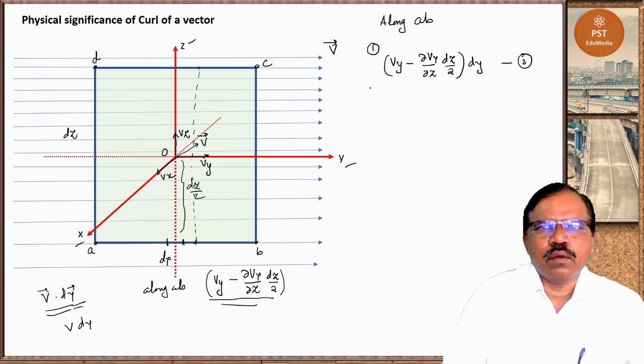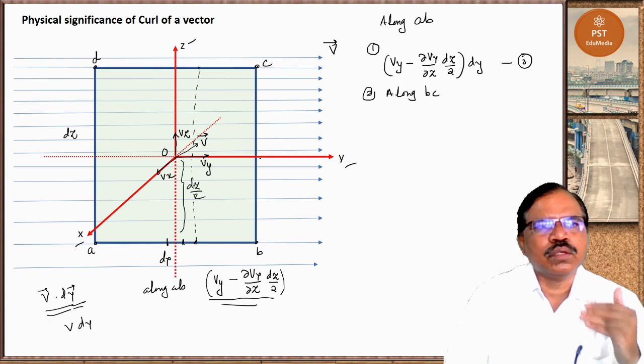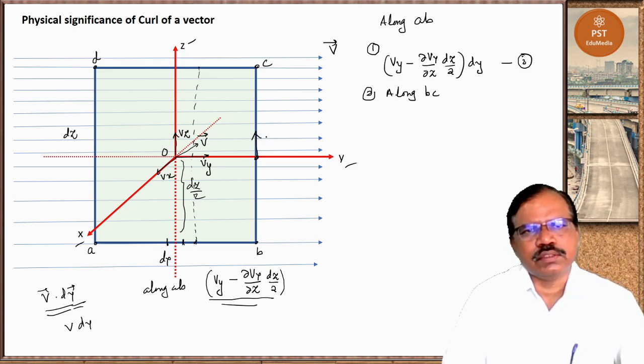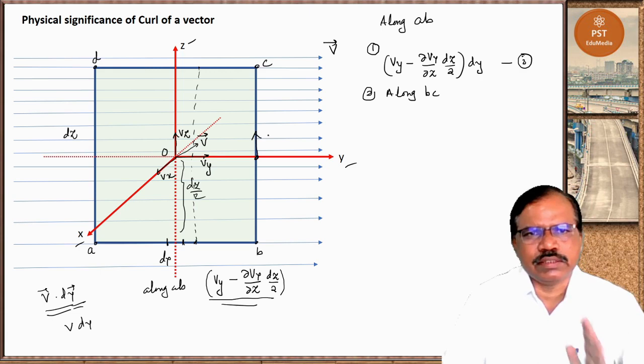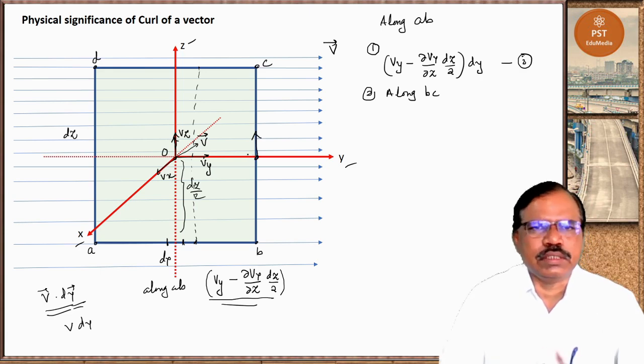Now we'll go along BC. BC is equal to dz. So if we take the component of the vector field along the z direction, here at the center it is Vz, and along the positive direction suppose it is increasing.